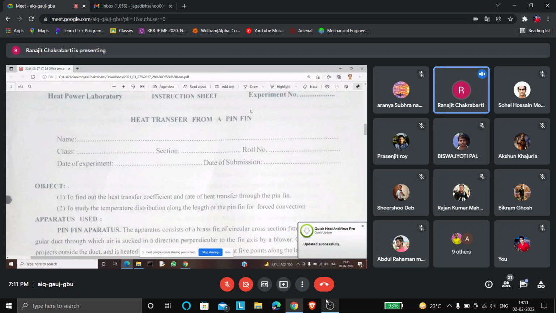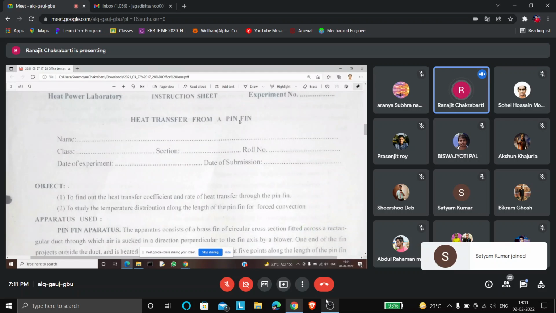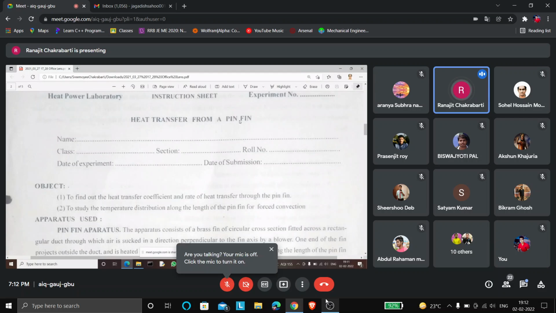Suppose we have to carry out heat transfer between a solid surface, which is heated, and a fluid surrounding the solid surface. This fluid may be either a static fluid.